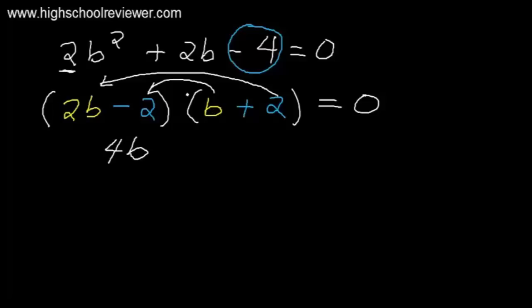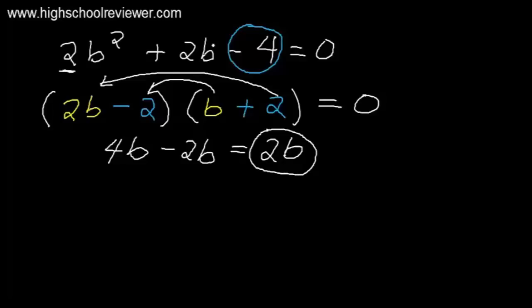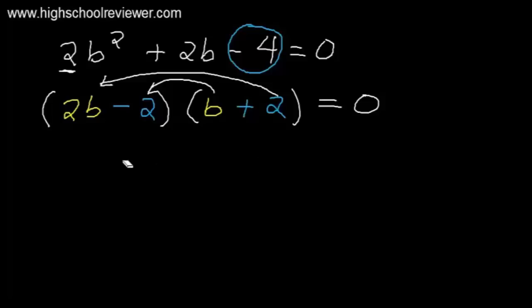And then b multiplied by negative 2 is negative 2b. So 4b minus 2b is equal to positive 2b. Now, since this is equal to positive 2b, we can say that these are now the correct factors. So we can now proceed to solving the values of b.